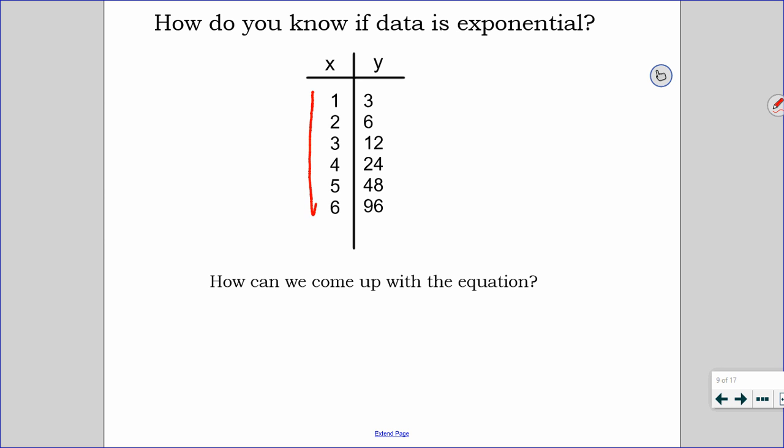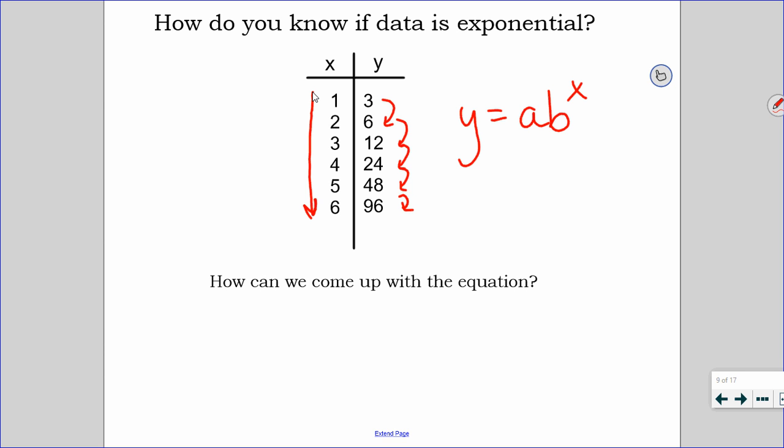As long as these numbers are consecutive, and all of the numbers are doubling, that's going to tell you that, yes, it is an exponential function. So there are different ways that we can come up with the function. I like to do it by just picking 2 points and doing simultaneous equations. So y equals a times b to the x.